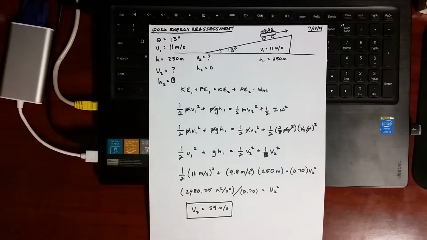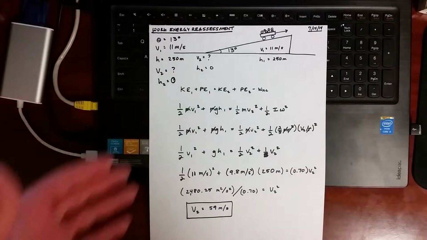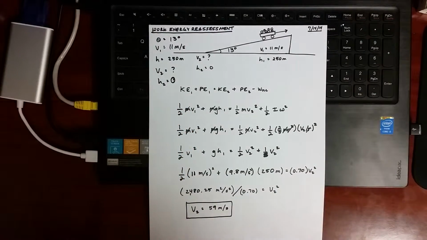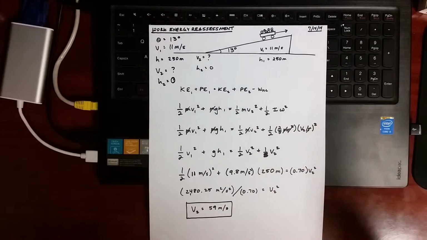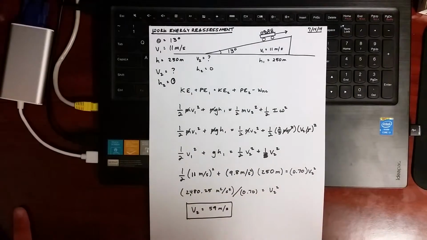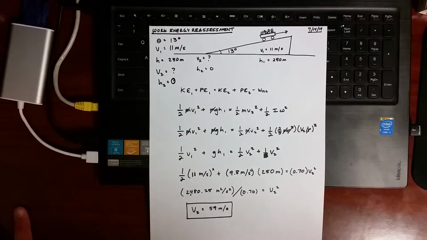And what we're going to start out with is this equation: kinetic energy initial plus potential energy initial equals kinetic energy final plus potential energy final minus the non-conservative work that is done.